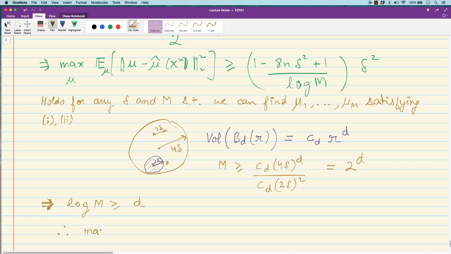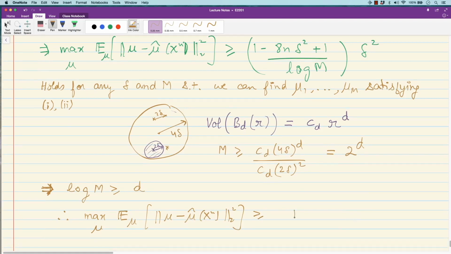max over mu, expected value over mu of the loss of mu minus mu hat of xn is greater than 1 minus (8 n delta square plus 1) by d. Actually, this plus 1 by d is fine.